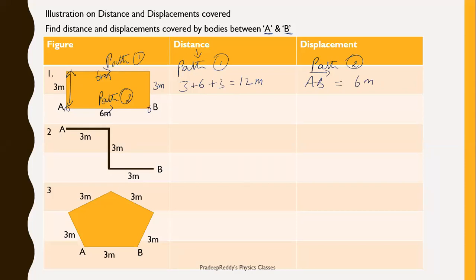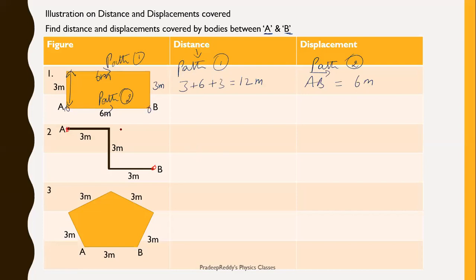Now coming to the second question. In this problem, you have path AB given to you, and this is not a straight line and not the shortest path between A and B. From position A you are traveling to position B, and the length from here to here is 3 meter, and this is also 3 meter.